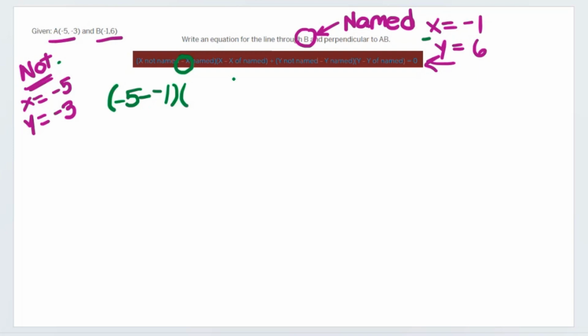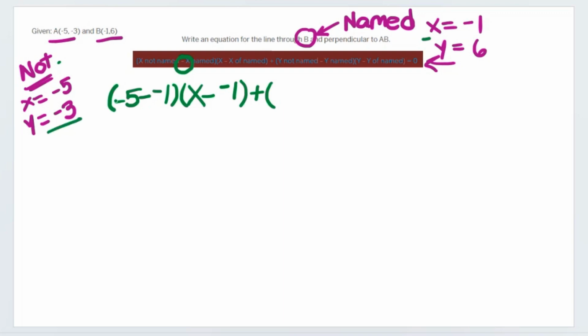Then I do my next parentheses. X doesn't have any information about where it's coming from. This is the X that I want to just be plain X because I want an X in my final answer. Minus the X of the named point. So again, that's going to be -1. Close it, and then I add. Go to the next parentheses, Y of the not named point.